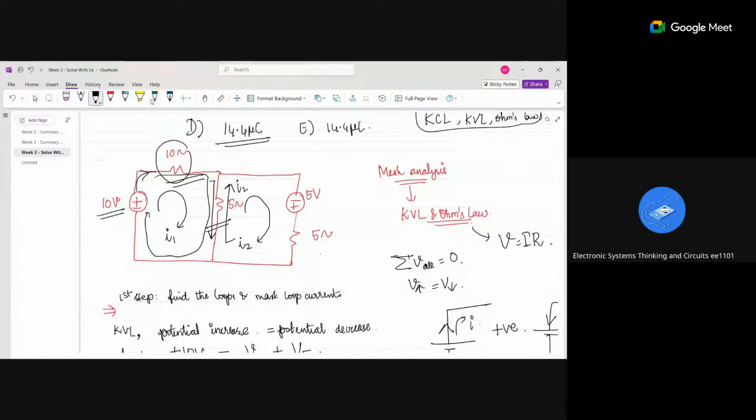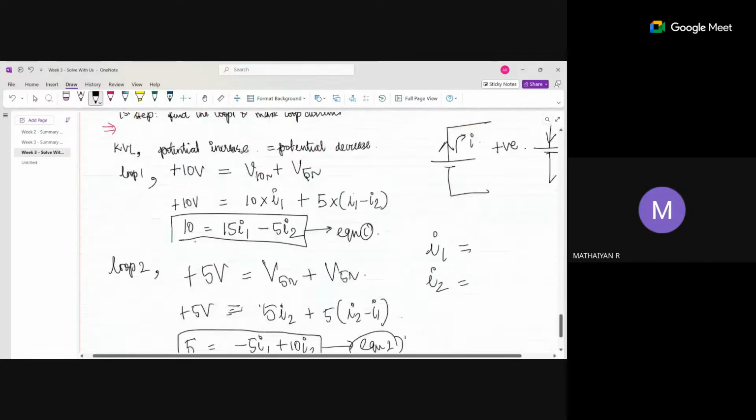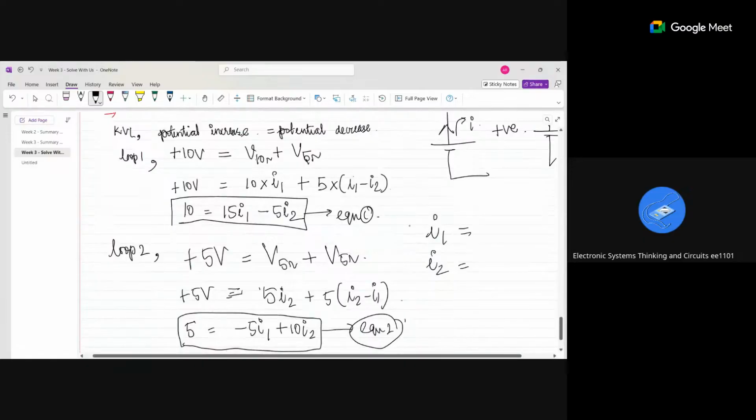I haven't told you the question yet. You have to find Vx and Vy, the voltage across both the 5 ohm resistors. That is the question. You have to find I1 and I2 for that first. It is from these two equations: 15 I1 minus 5 I2 is equal to 10, and minus 5 I1 plus 10 I2 is equal to 5.